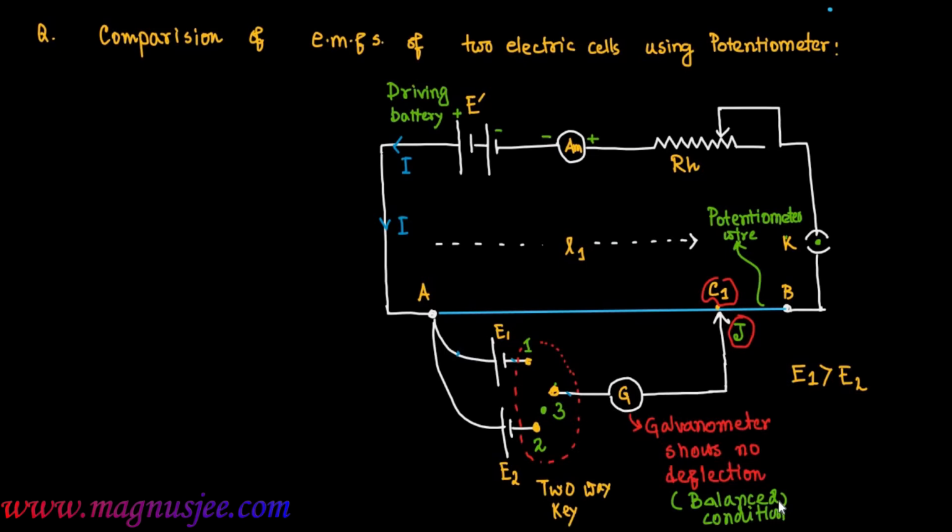If the plug is removed between the terminals 1 and 3, and the same plug is inserted between the terminals 2 and 3 of the two-way key, a current I double prime will be flowing through the arm AE2J.